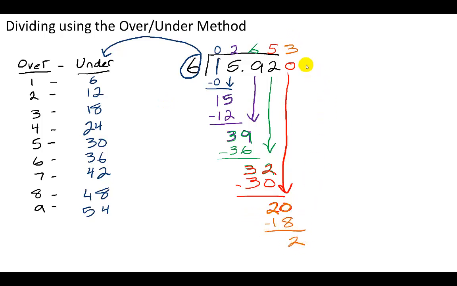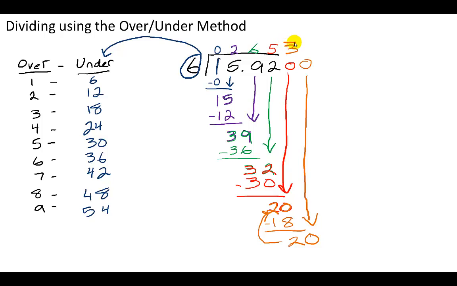We're not done. We need to bring down another 0 because we still have something left over, which is a 2. And now we have 6 into 20. But we already had a 6 into 20. So that means we would end up getting a 3 again for 18, which means actually the 3 never ends.